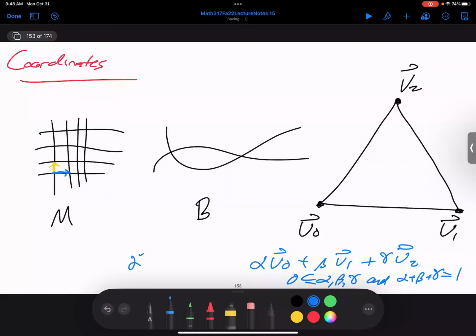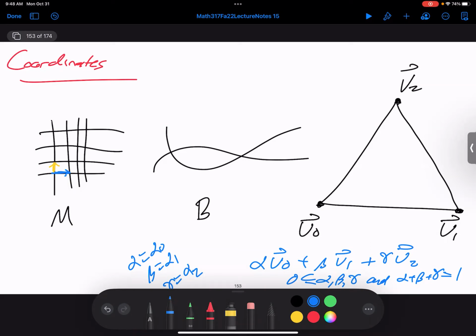Maybe alpha equals alpha 0, beta equals alpha 1, gamma equals alpha 2. When you look at this, this looks like I have a 3-dimensional basis. But because alpha plus beta plus gamma equals 1, how many free variables do I really have? I really only have 2. Once I tell you what alpha and beta is, gamma is forced. So I really have a 2-dimensional basis.